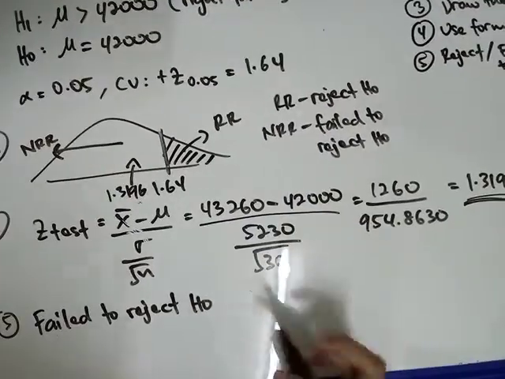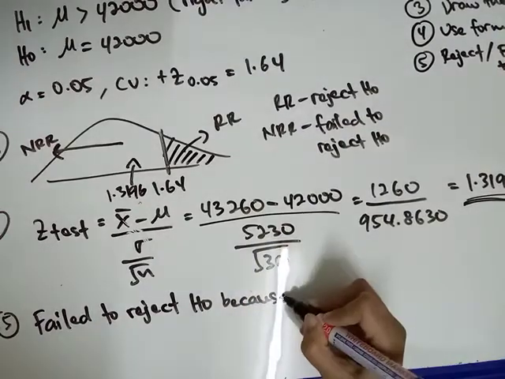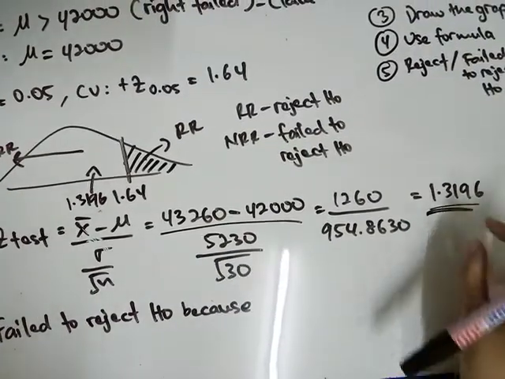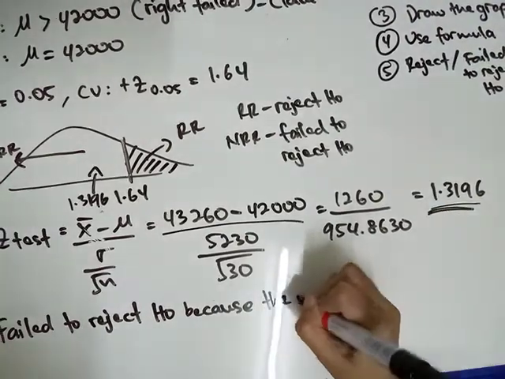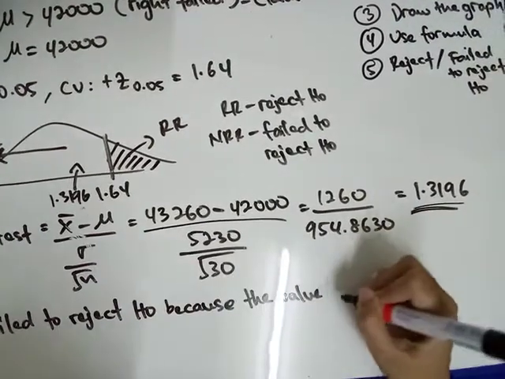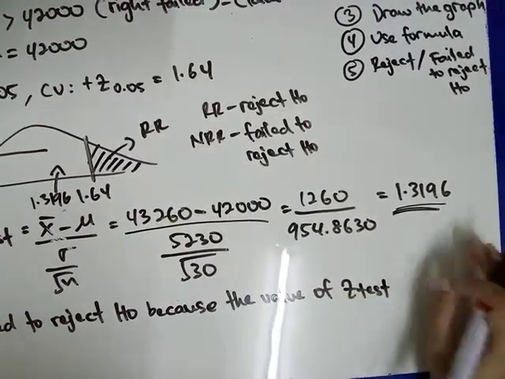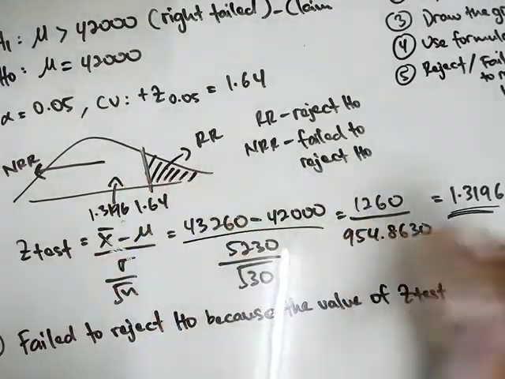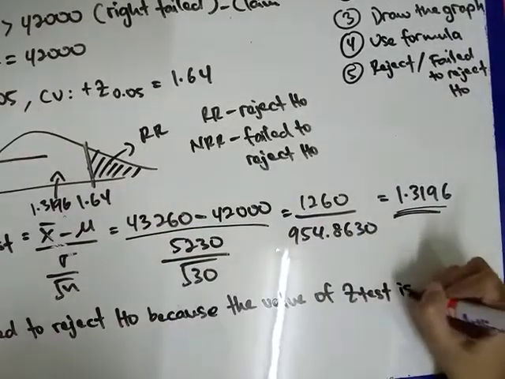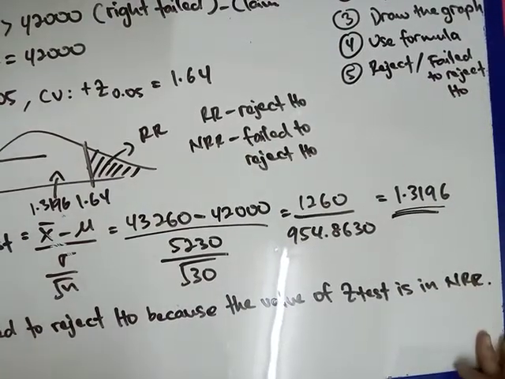Because you just need to state that the value of Z test is in NRR. That's it.